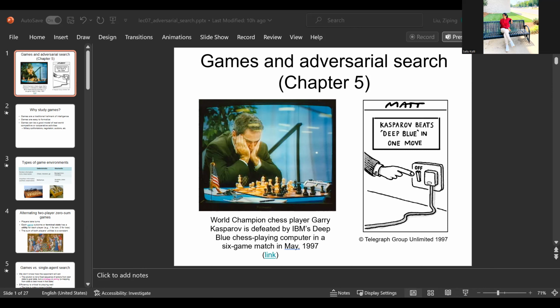Normally, you remember when we discussed uninformed search, we discussed depth first search. So a way to avoid, because depth first search may not give you optimal paths, is it? So a way to solve that, we use what? Iterative deepening search.